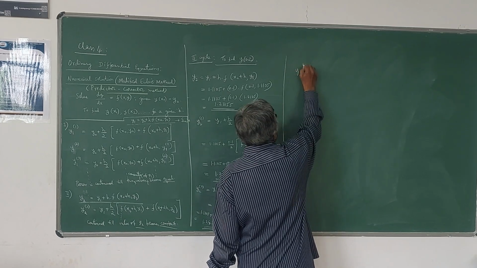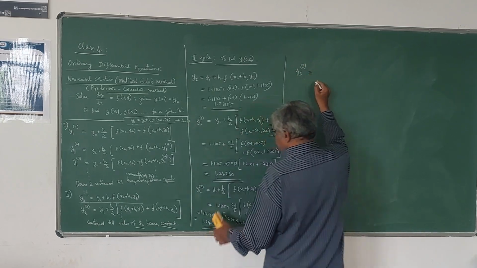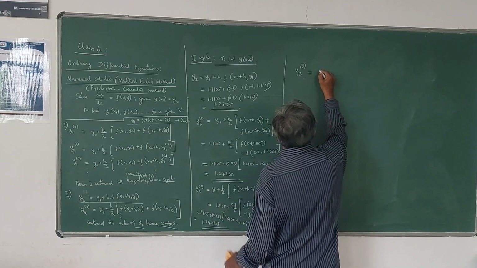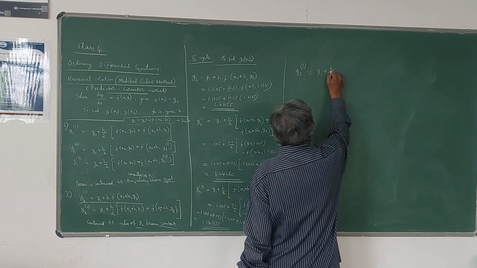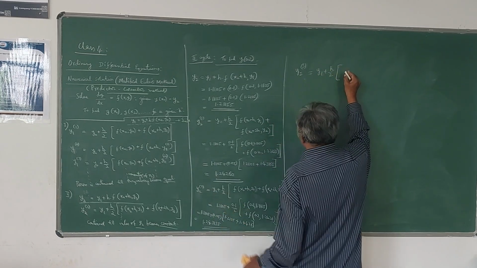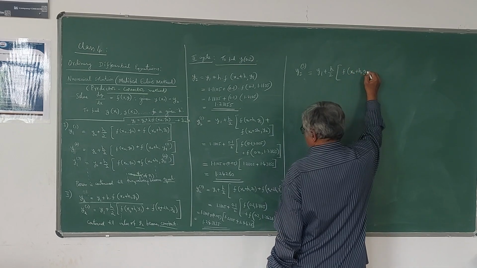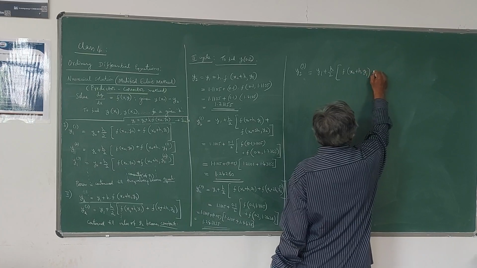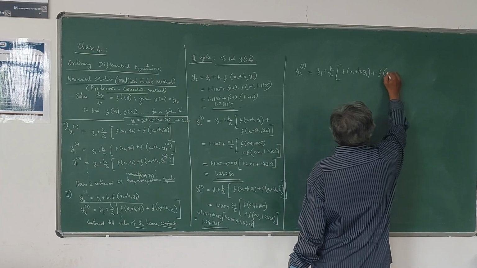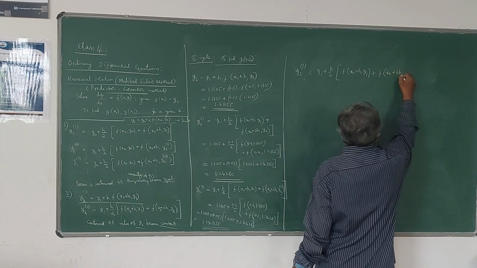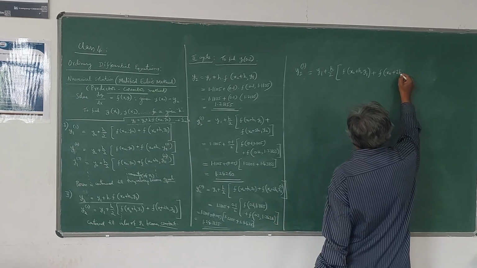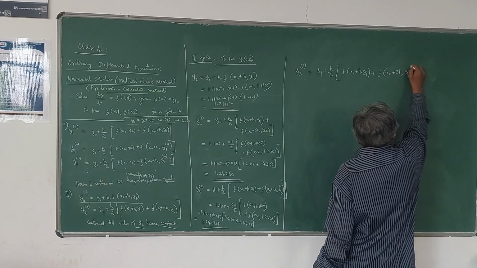y2 of 3. Here it is y1 plus h by 2 into the first term, which remains the same, f of x naught plus h comma y1. The second term will change, f of x naught plus 2h. Instead of y2 of 1, we take y2 of 2. Like this.